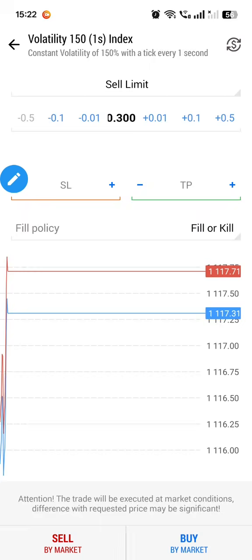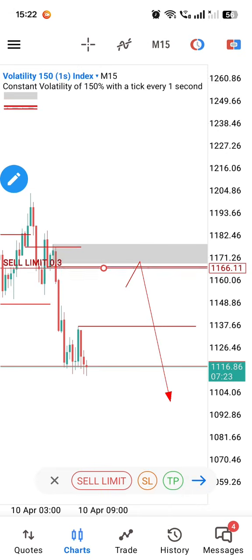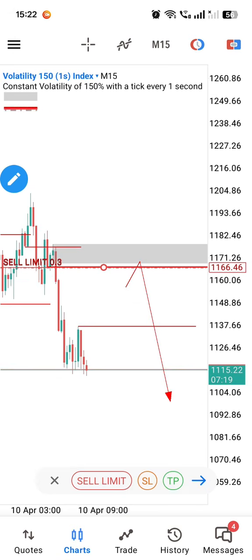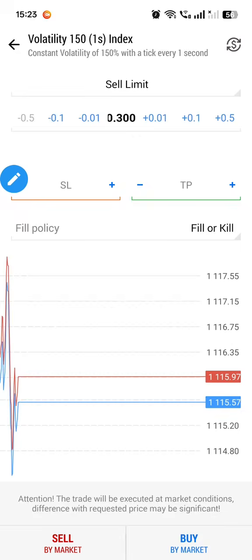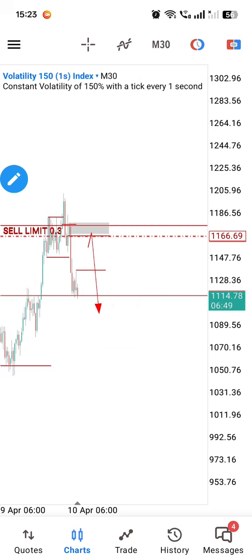I entered like 10 0.3 lot sizes right at the 15-minute order block or the breaker block, and we have to see what price does afterwards, and we'll react as price keeps on shooting into our direction. So yeah.